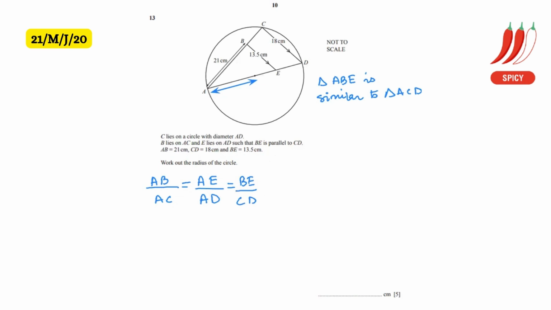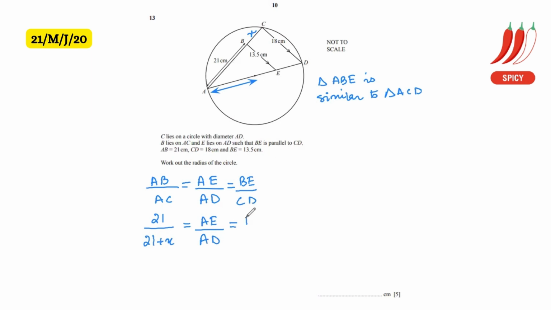Now looking at the information given to us, we have AB as 21. AC is not given, but if we call this X, then that's 21 plus X. AE is also not given. AD is also not given.